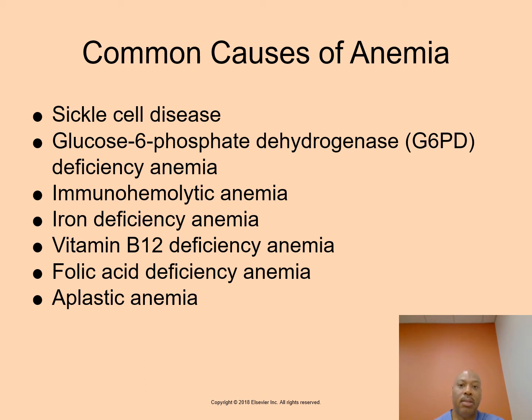Now, immune system products such as antibodies will attack the patient's own red blood cells, and they really don't know why this occurs. As far as treatment is concerned, steroid therapy helps to suppress immunity, and this is temporarily effective. If ineffective, these patients would have to have surgery, a splenectomy.